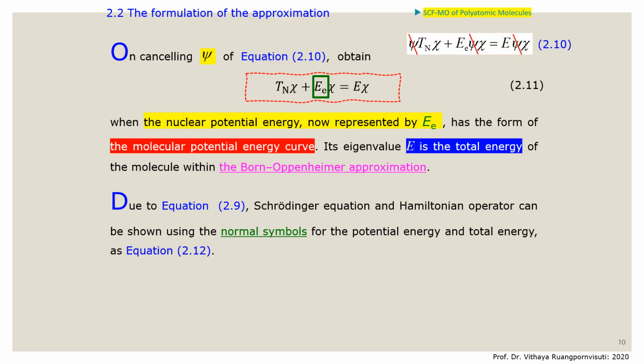E subscript small e is the electronic energy in the field of the nuclear potential energy and has the form of the molecular potential energy curve. Its eigenvalue capital E is the total energy of the molecule within the Born-Oppenheimer approximation.